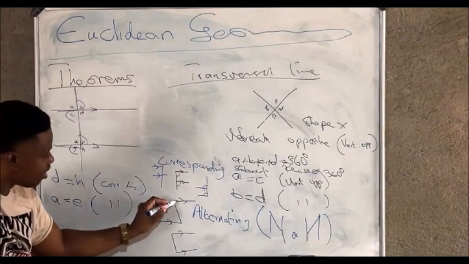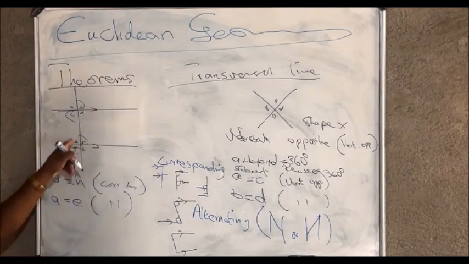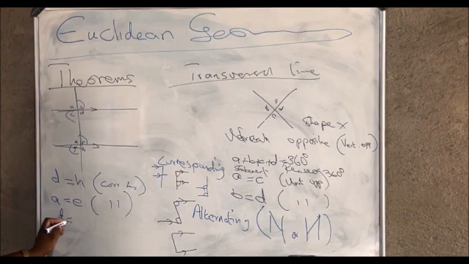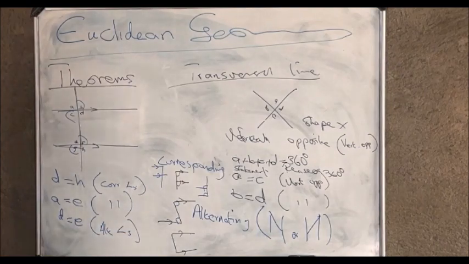Now here is this angle and this angle: C and F, D and E. D is equal to angle E. Reason: alternating angles. C and F, alternating angles.